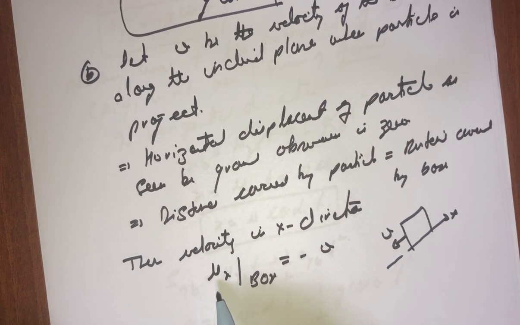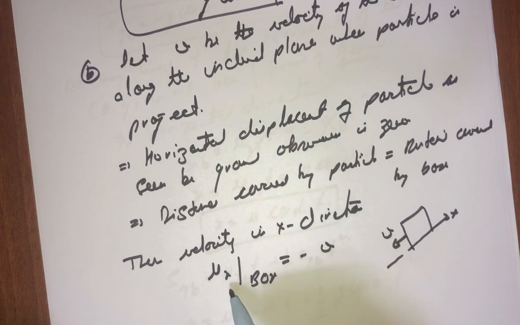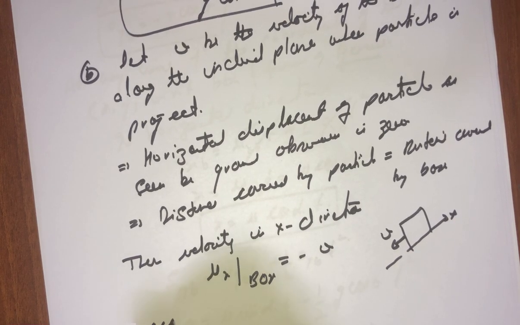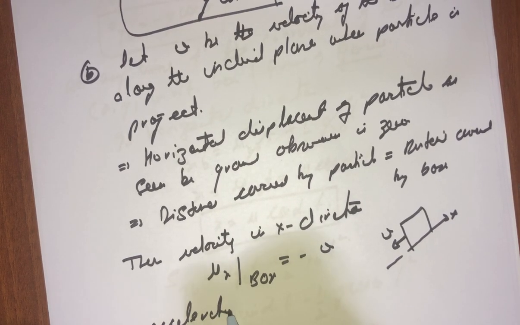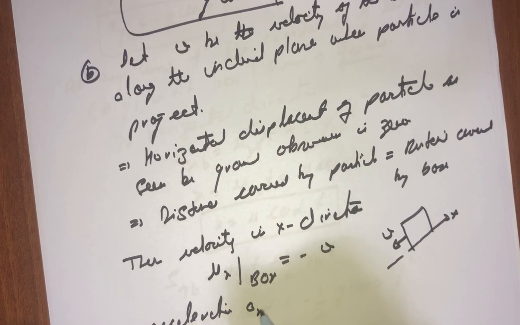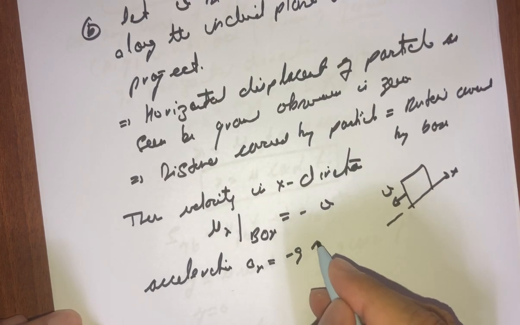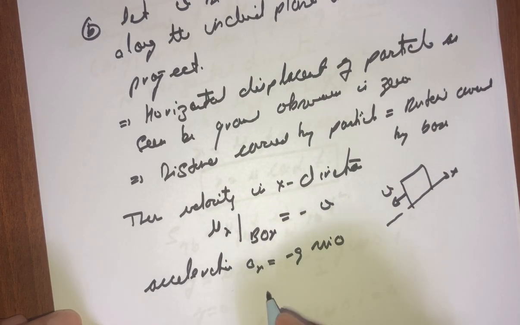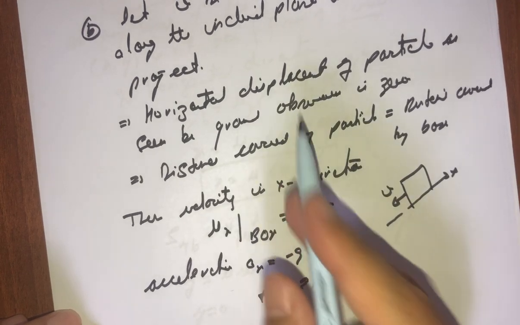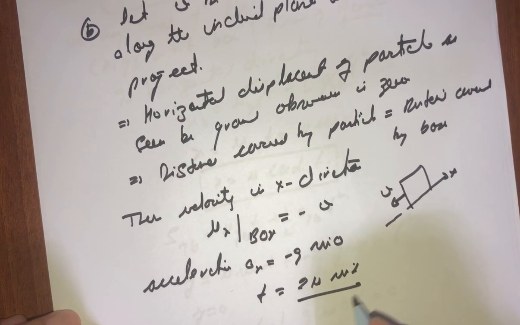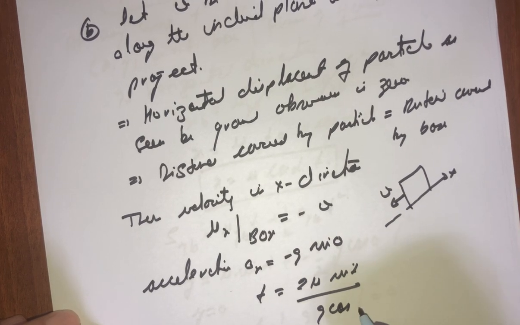That's why the x component of the box will be minus v. Acceleration ax will be equal to minus g sine theta, and time will be the same, which we already calculated: time is equal to 2u sine alpha divided by g cos theta.